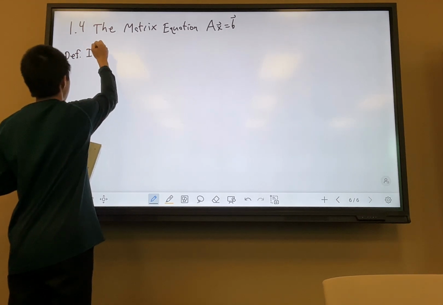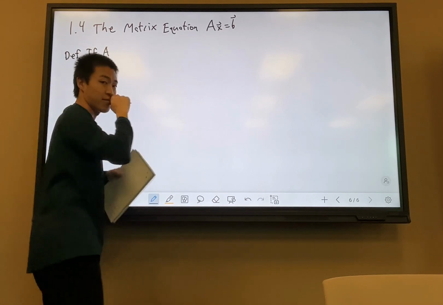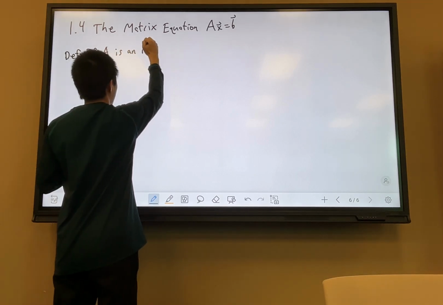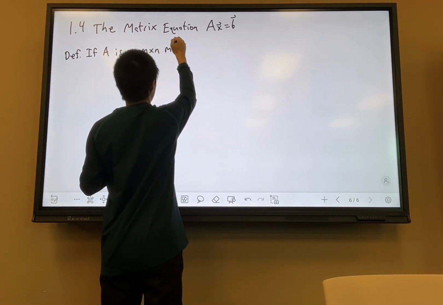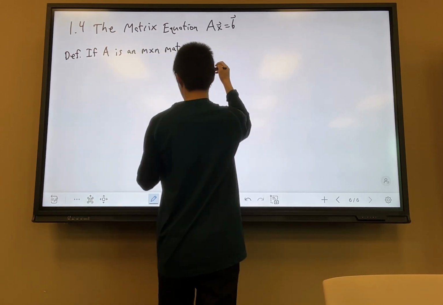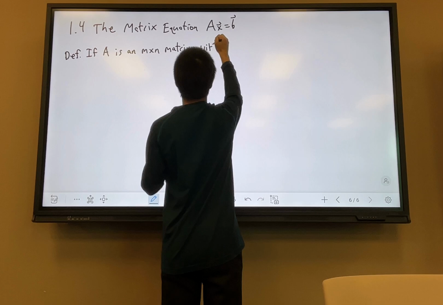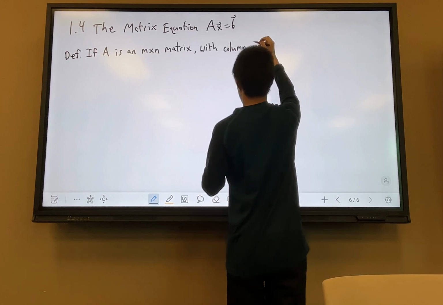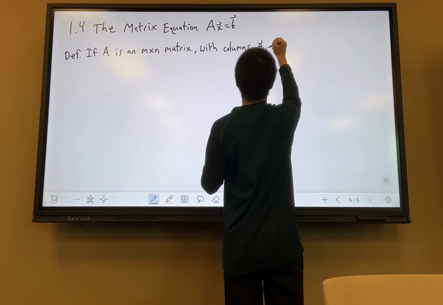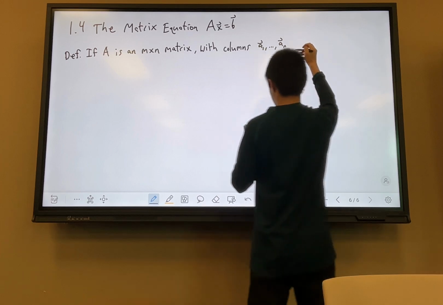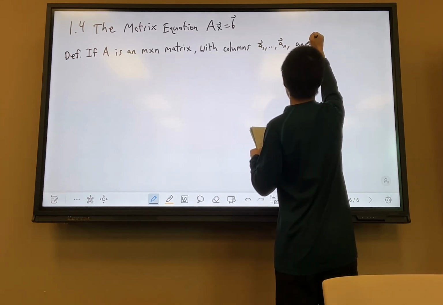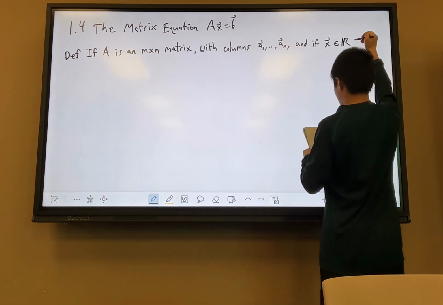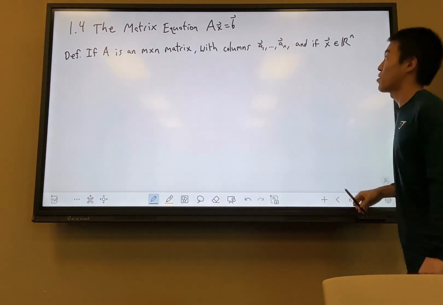If capital A is an m by n matrix with columns a1 through an, and this will explain why we had that notation on last Friday's lecture, I think, and if I have some vector x in R^n as well, notice these subscripts are important.